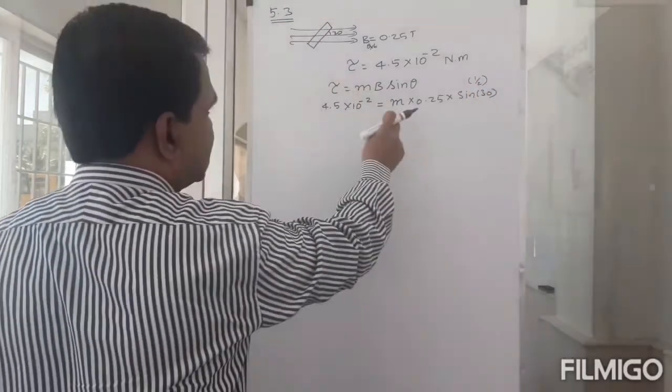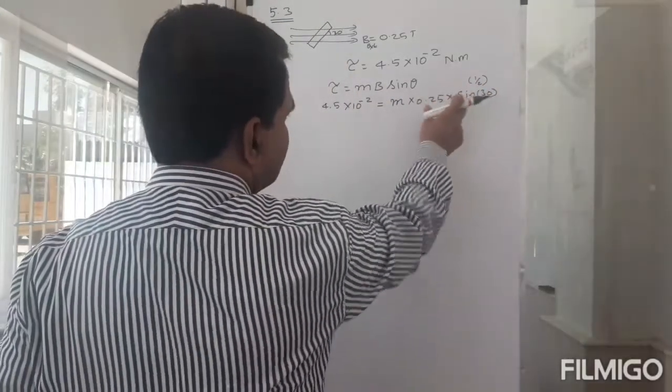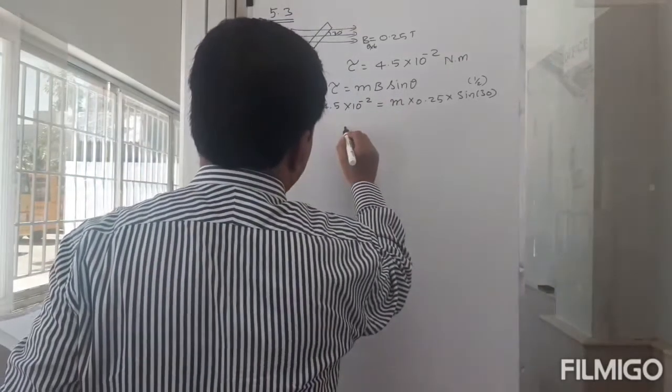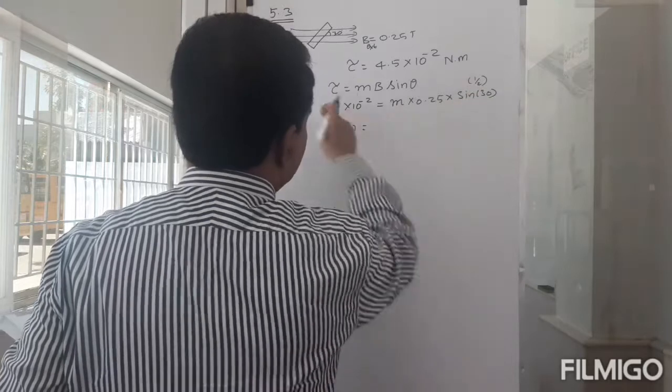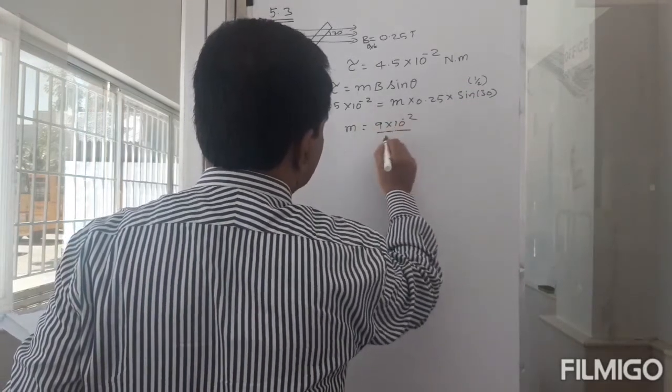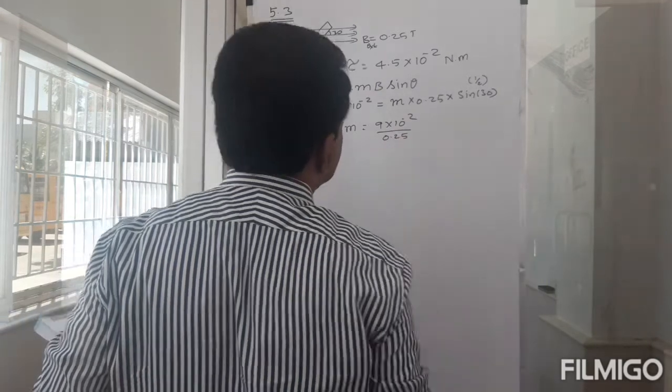I can take all these quantities to the other side and find m from this, and that's very easy to do. What is m? So 2 will go there, so it will be 9 into 10 power minus 2 by 0.25.